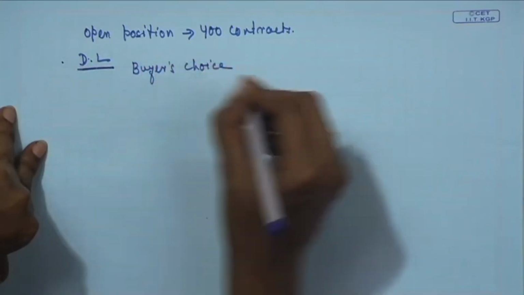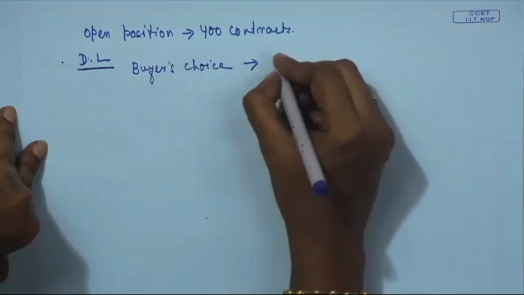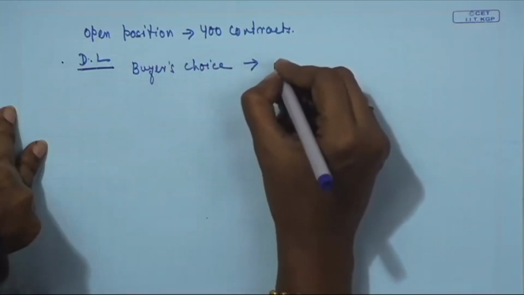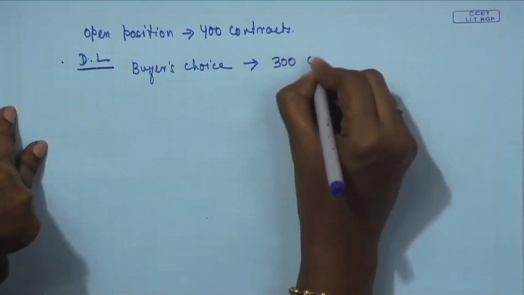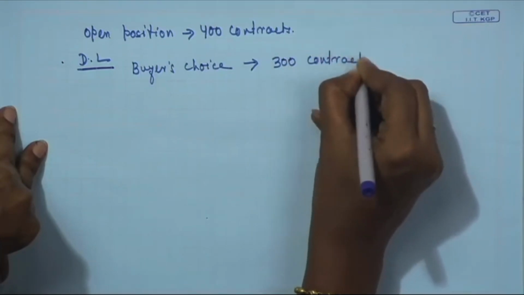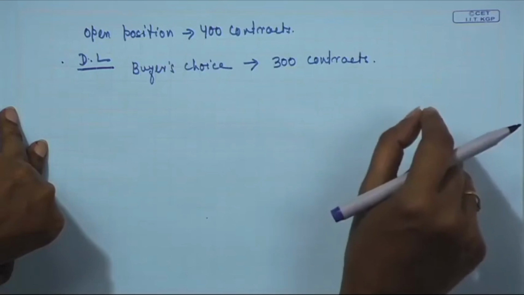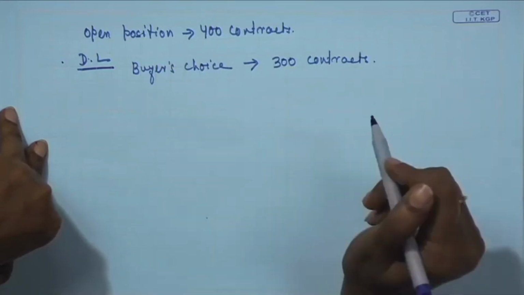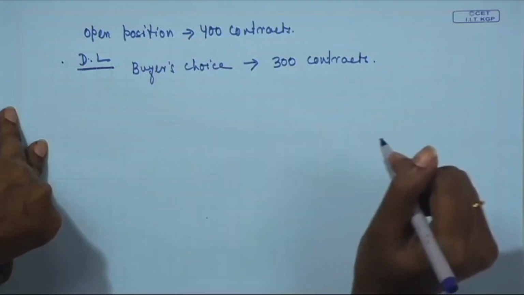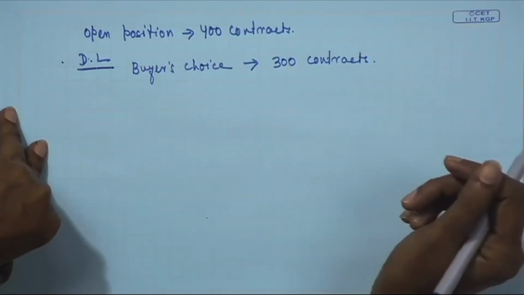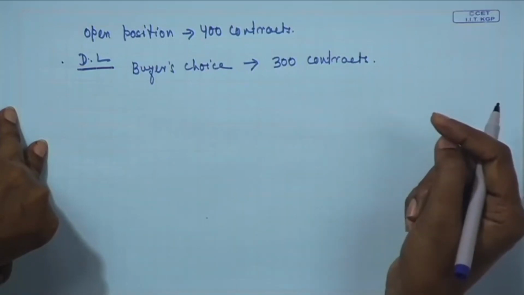Buyers indicate to the exchange that they would like to take delivery of cotton worth 300 contracts. The sellers have no choice in this case. The sellers have to provide warehouse receipts for 300 contracts, and the remaining 100 contracts worth of cotton will be settled through cash, with payment made based on the final settlement price.